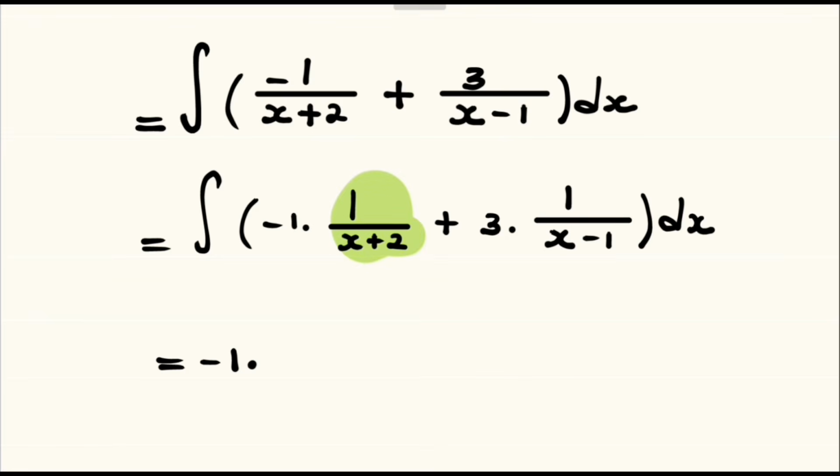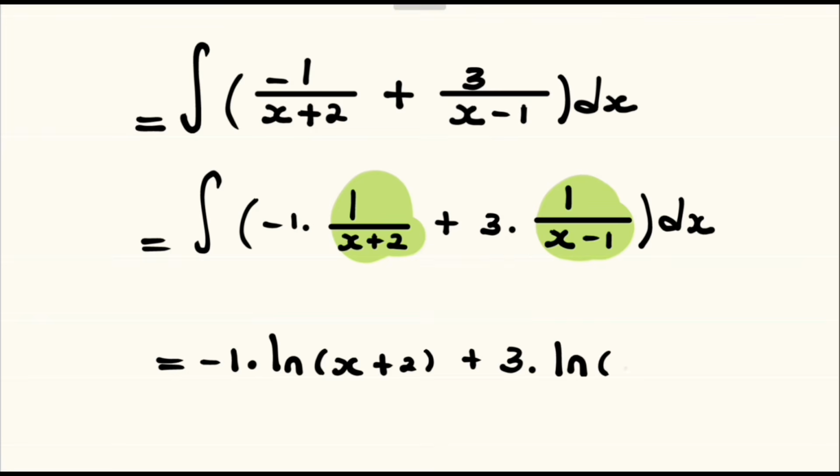The integral of 1 divided by x plus 2 is the ln of the x plus 2 plus the 3 multiplied by the integral of 1 divided by x minus 1. The integral of 1 divided by x minus 1 is the ln of x minus 1 plus the constant c, and this will be our final answer.